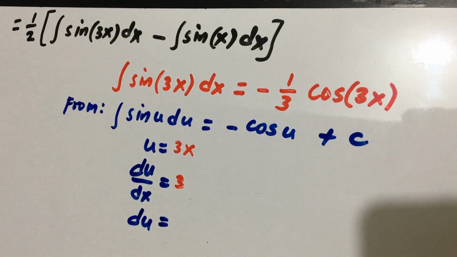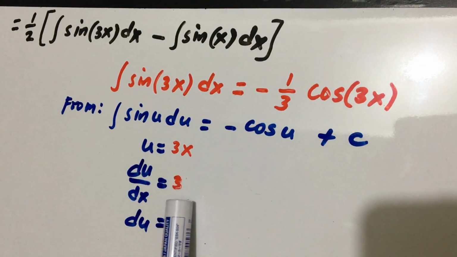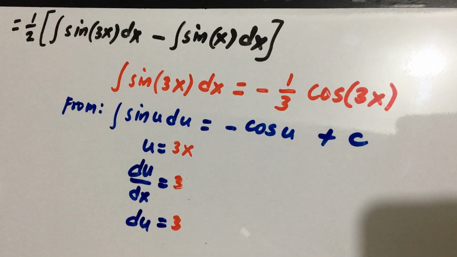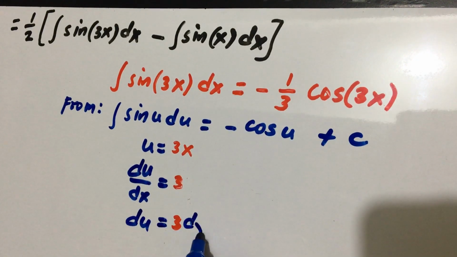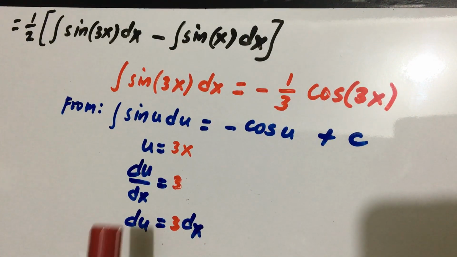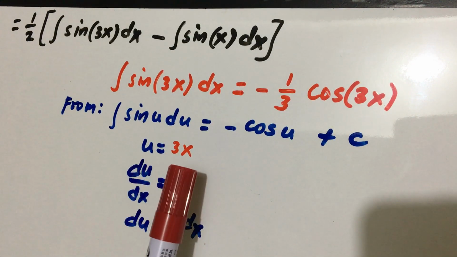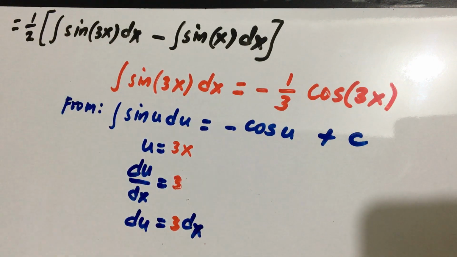When you take the derivative of u with respect to x, du over dx is equal to the derivative of 3x, which is 3. Solving for du, cross multiply dx, so we have 3 times dx. So this is our du. Since we substitute u equal to 3x here, this is our u, so we have to replace this by du.